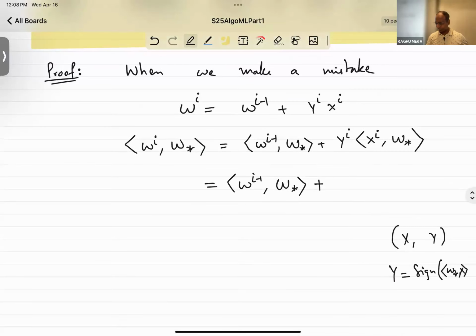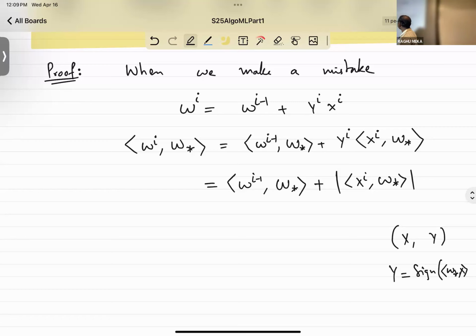So what can you say about this product? It's non-negative, and it's in fact always just the absolute value. Whenever this inner product is negative, y_i is -1, so you get the absolute value always. You're just picking out this sign, right?